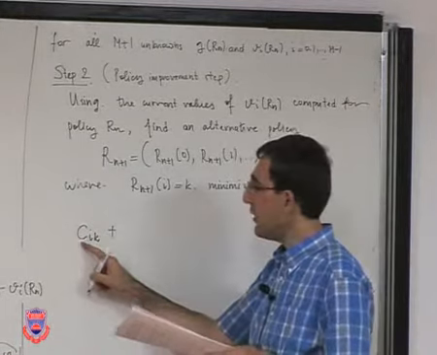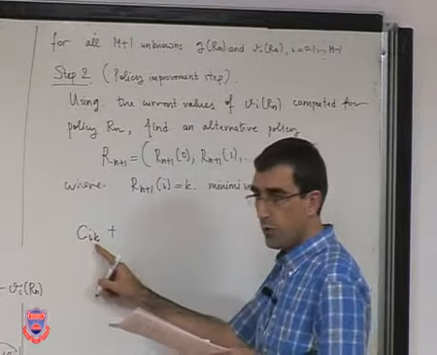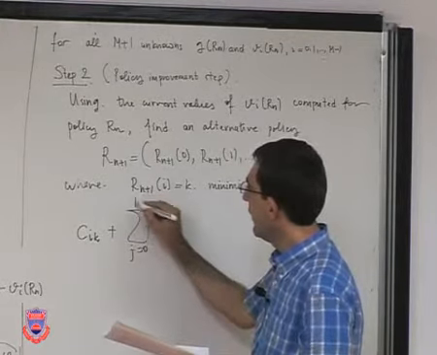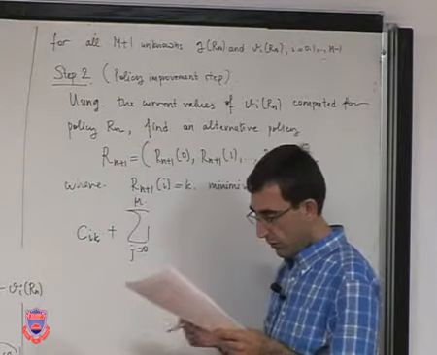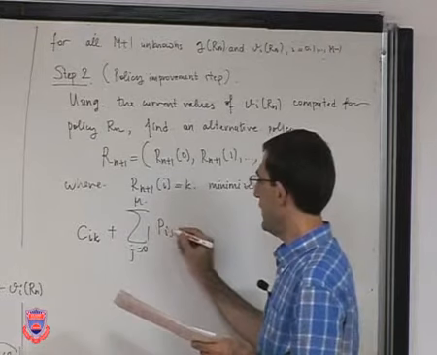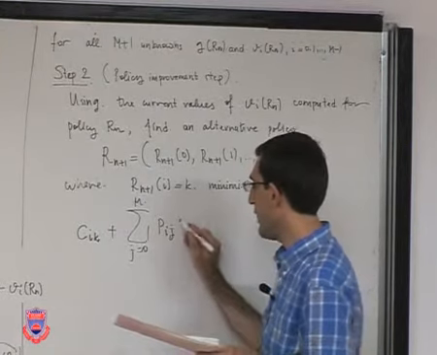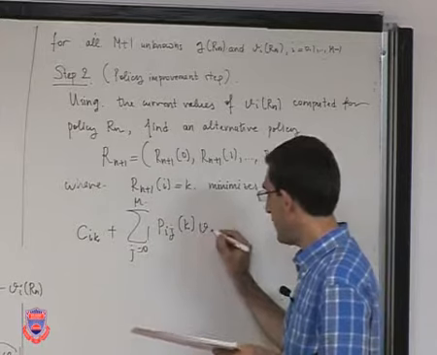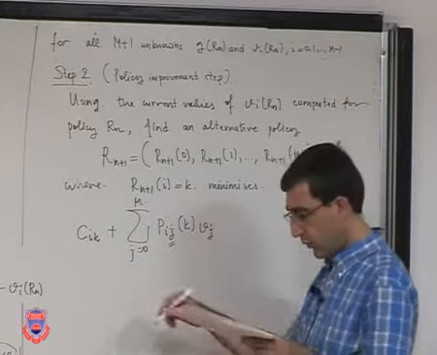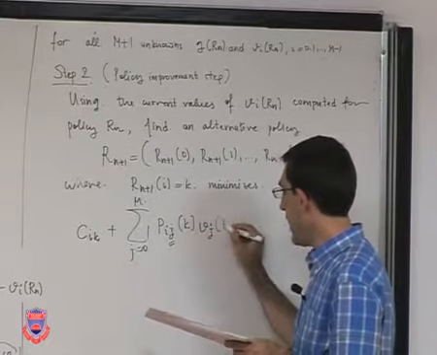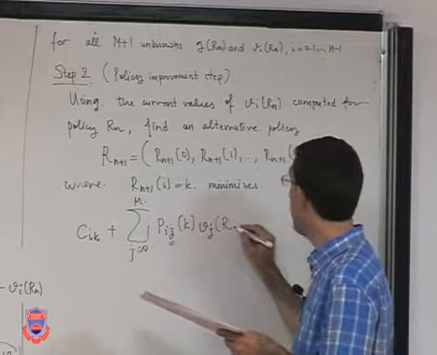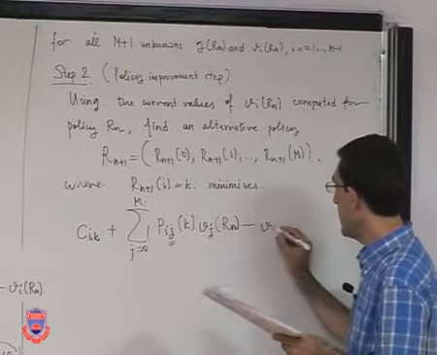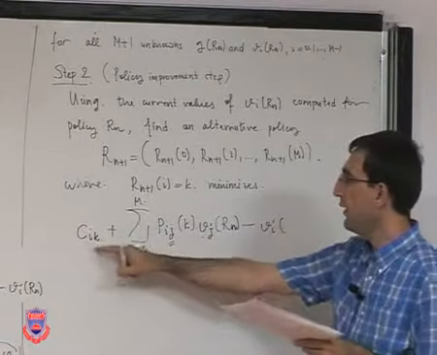This is the expected immediate cost we pay in state i because we choose action k, plus the sum as j goes from 0 to m in the state space, of the one-step transition probability of going from i to j under action k, times the relative value of state j into which we just moved, according to this probability, under the existing policy Rn, minus the relative value of state i.